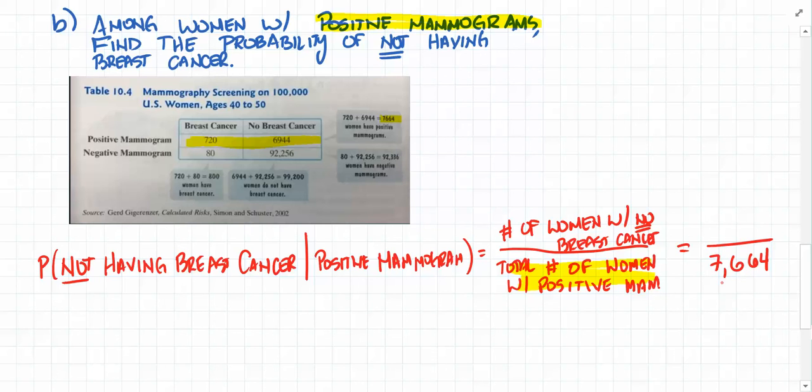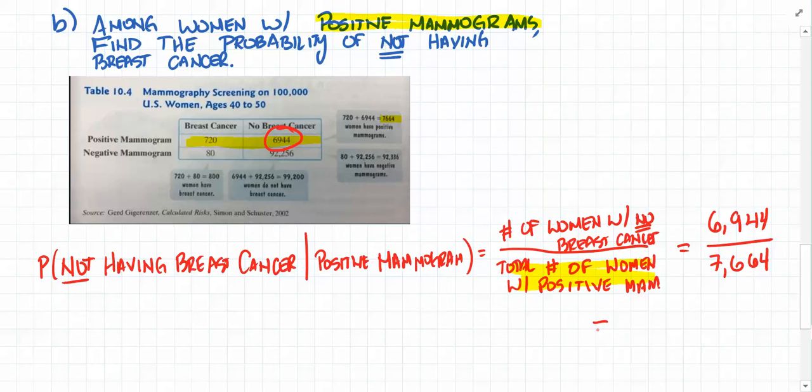Now, out of those, what is the probability of not having breast cancer? Well, that number is defined for us right there. It is 6,944. So that's the number of women with no breast cancer out of the total number of women that have a positive mammogram.